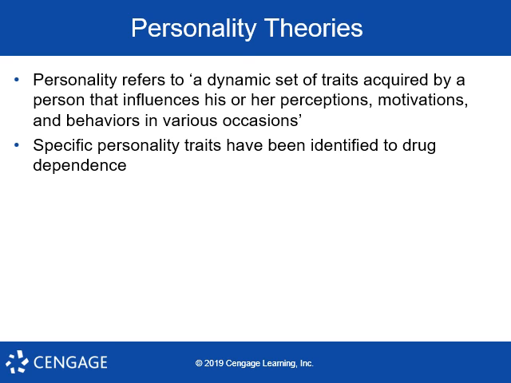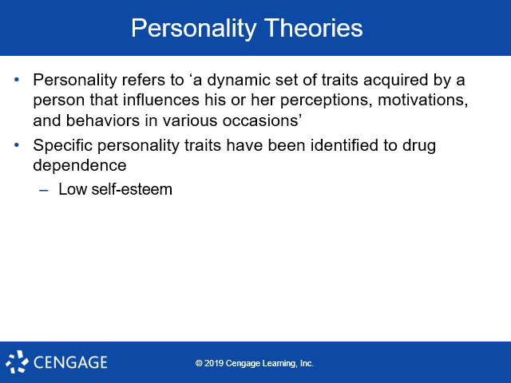Specific personality traits have been linked to drug dependence, but there has never been any type of diagnosis or medical or psychological condition labeled as addictive personality. It doesn't exist in the medical literature. It exists in familial literature.